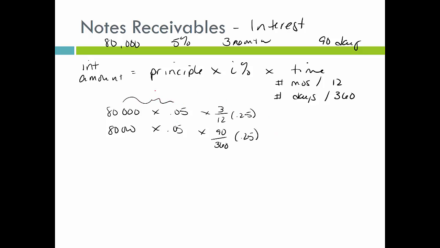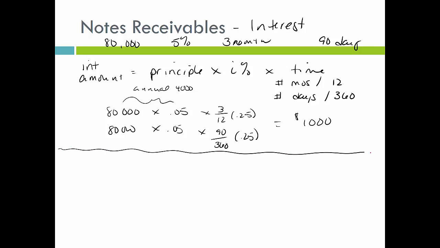So the annual would be 4,000. But they only had it for a quarter of a year. So we get $1,000 is the total interest paid. If they borrowed this for a whole year, they would have to pay $4,000 in interest, but they only had it for 1/4 of the year, 3/12 of the year, so they pay $1,000 interest total.